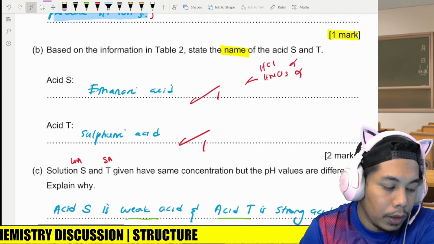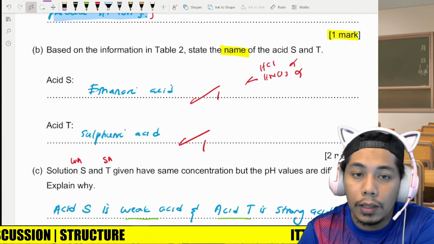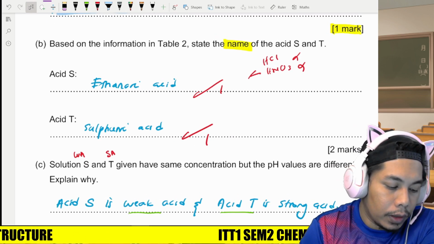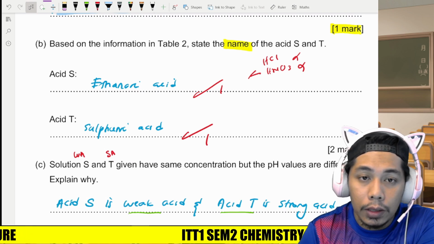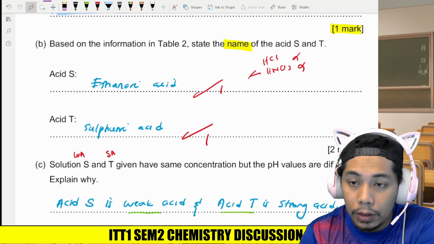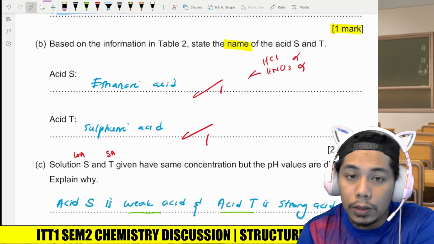And then soalan B, based on the information in table 2, state the name of the acid S and T. Okay. What is S, what is T? Jadi seperti yang kita jawab tadi lah. S tadi CH3COOH. So dia adalah ethanoic acid. Dan soalan suruh name, jangan pandai-pandai tulis formula.